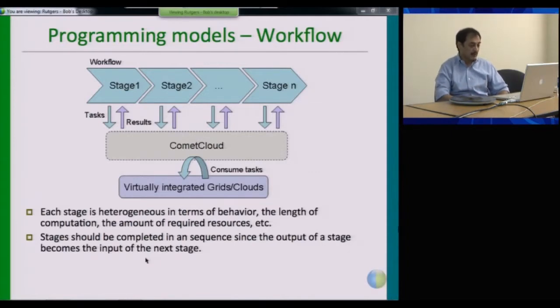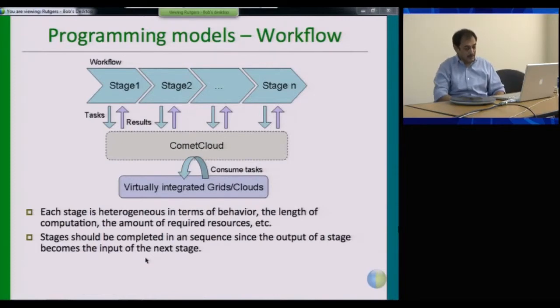And CometCloud provides support for executing these programming models in terms of staging them and running them on appropriate resources, but also provisioning resources to meet the requirements of a certain stage.